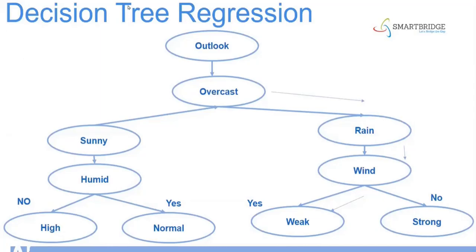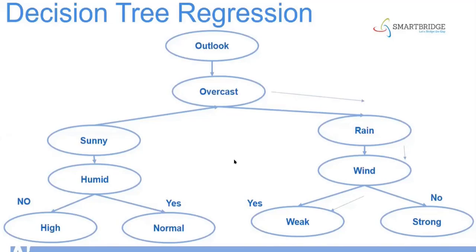So now the decision tree will work this way. The outlook is sunny, then the humidity is high. So that means the person will not play. So this is my decision tree.